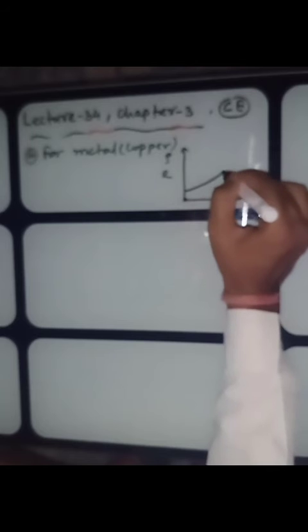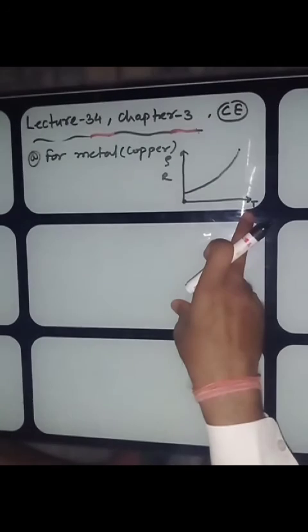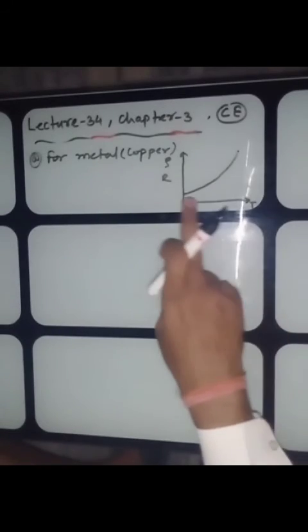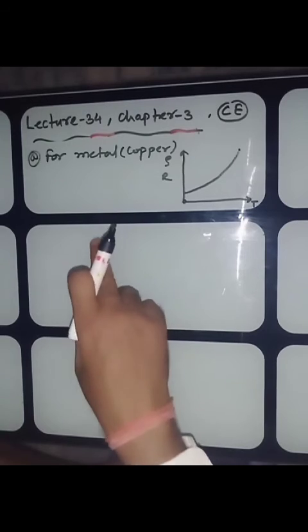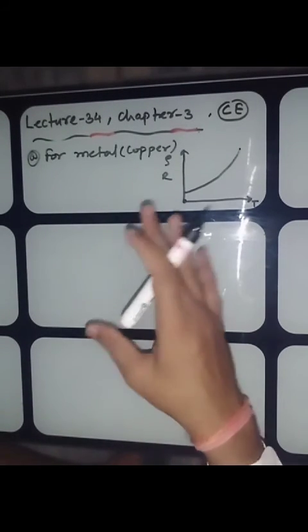So this will start from here and it goes like this. You can see this is not a straight line. Resistance increases as temperature increases. Resistivity increases as temperature increases. It means the resistivity depends upon the temperature for metal. Actually, the resistivity depends upon the temperature only, not on the dimension.